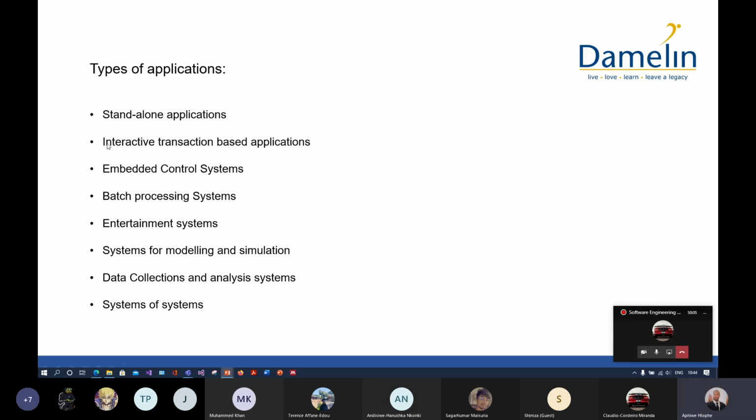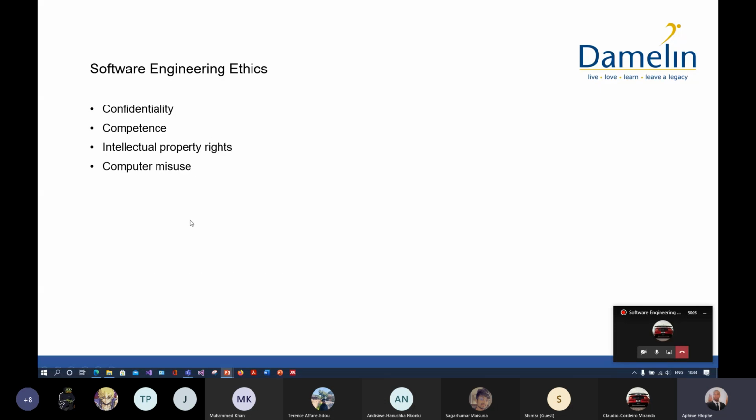Then we have interactive transaction-based applications. These applications basically are remotely accessed, and they enable you to process transactions in masses. So they can handle a large volume of transactions remotely as well. Then we also have embedded control systems.